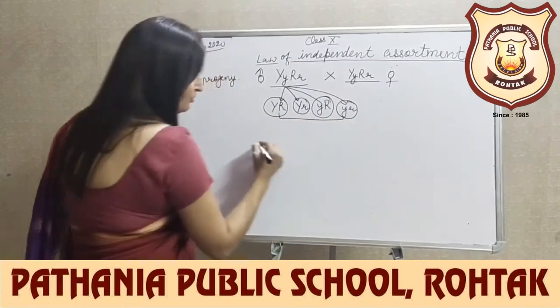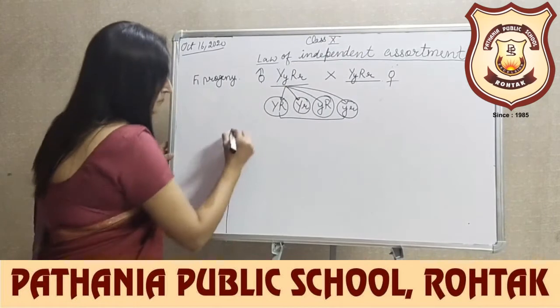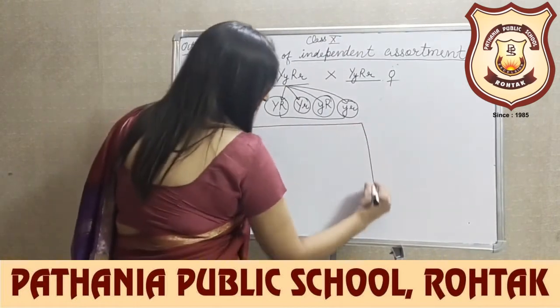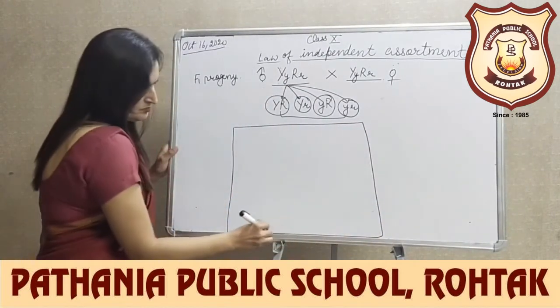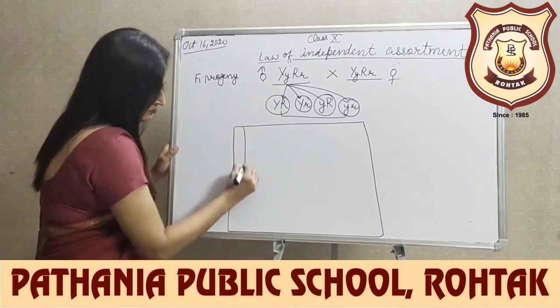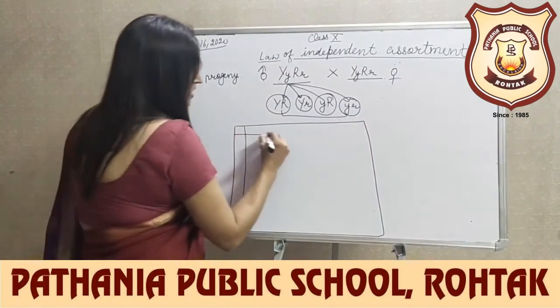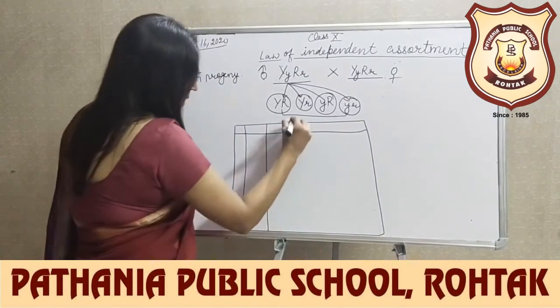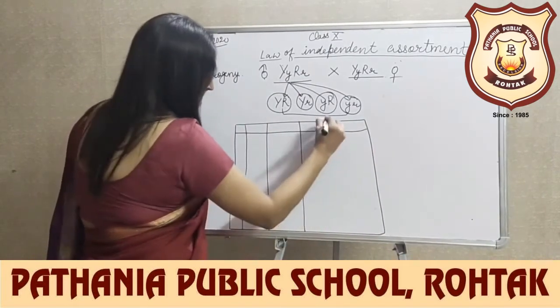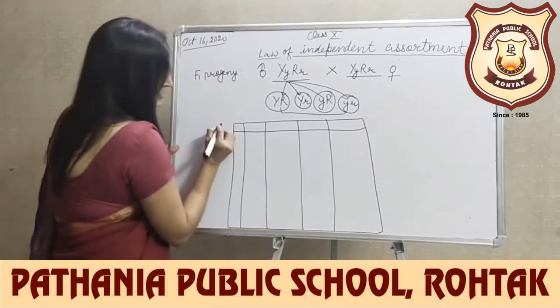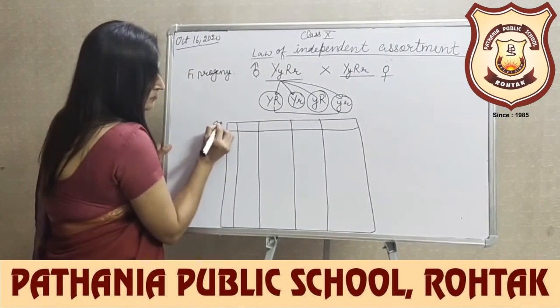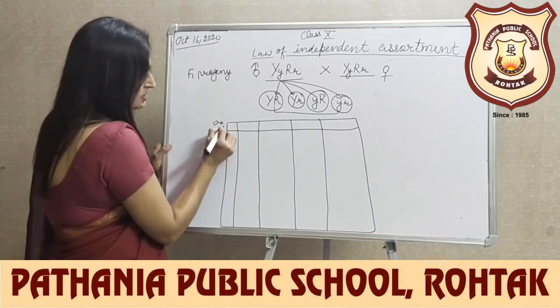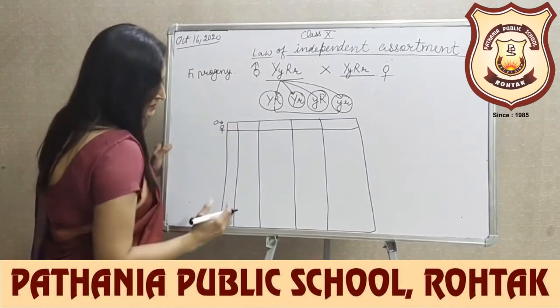What we will be doing? Make a square. Write the combinations here as male gametes this side, female gametes here.